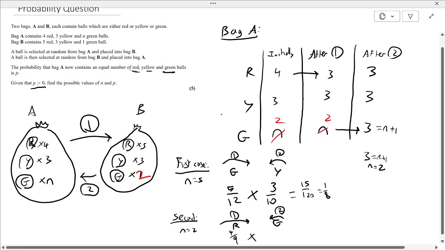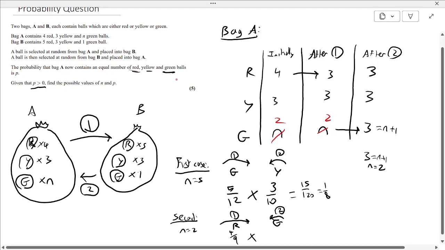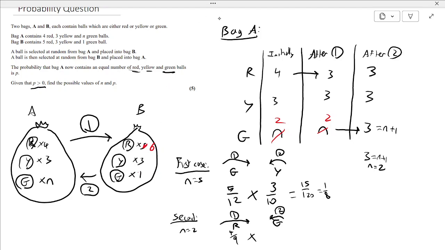Bag B now, that's where I'm choosing my green ball from. I initially gained a red ball from A into B. So now, instead of having 5 red, 3 yellow, 1 green, I have 6 red, 3 yellow, 1 green.